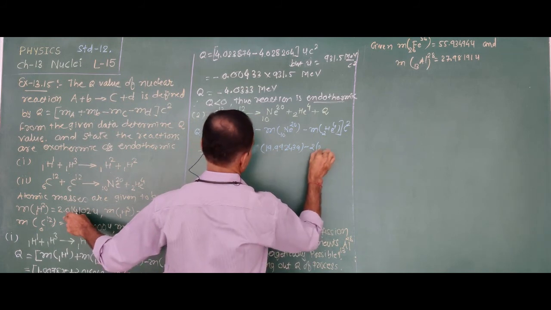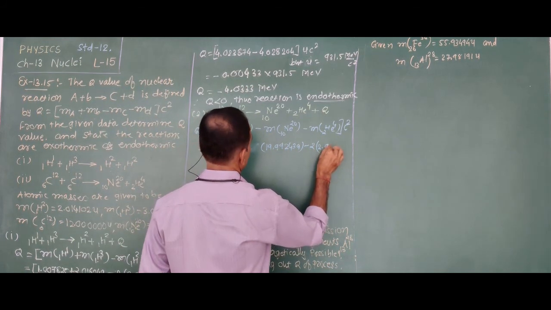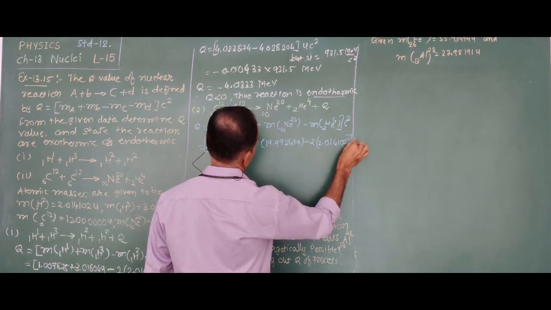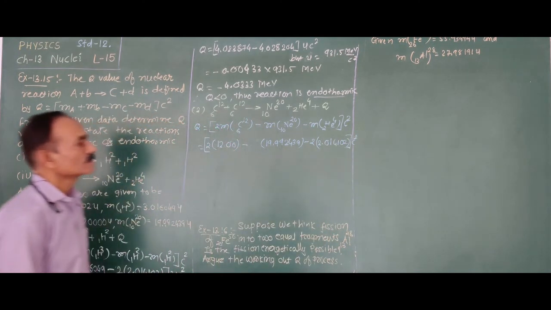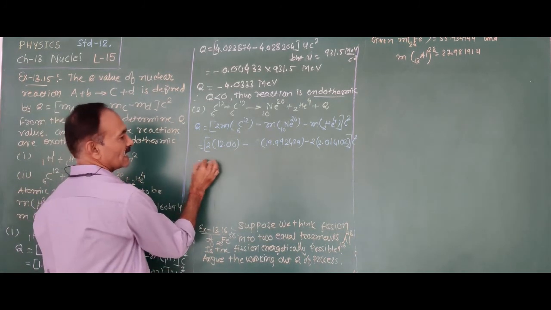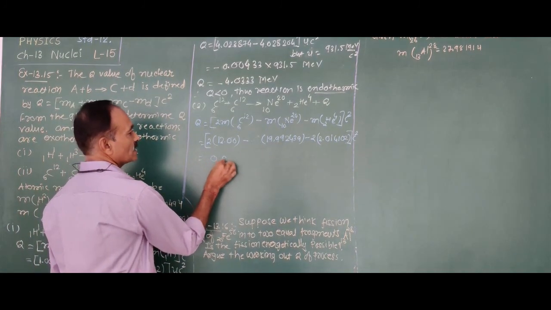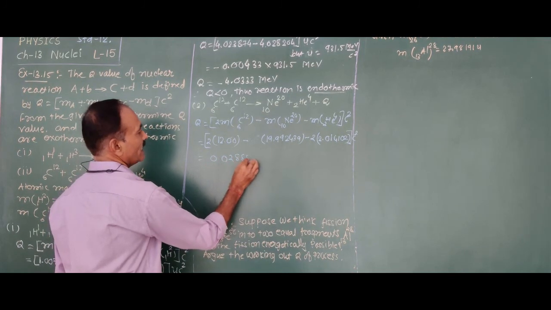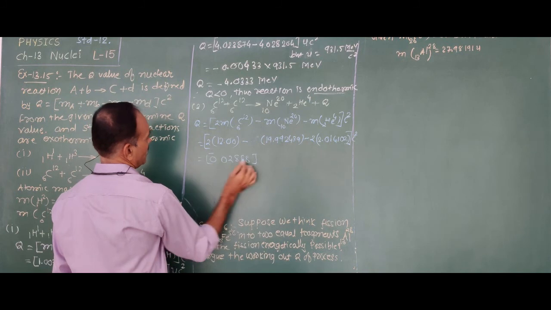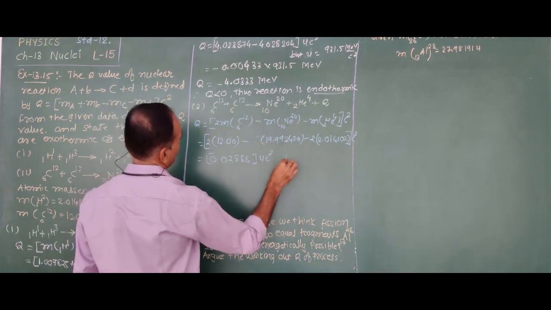1H2 as the mass is 2.014102 into C square. H is simplified, so directly I write down the answer of this is 0.02888 atomic mass unit into C square.